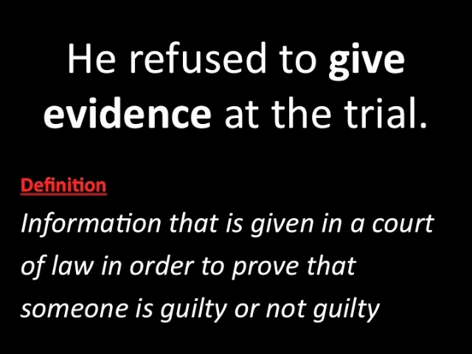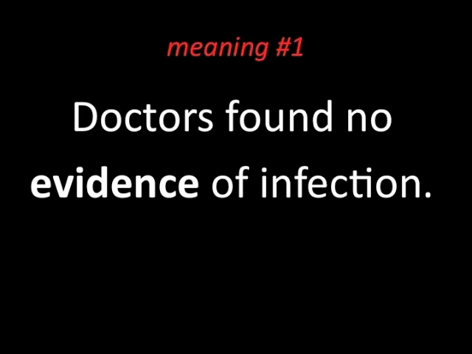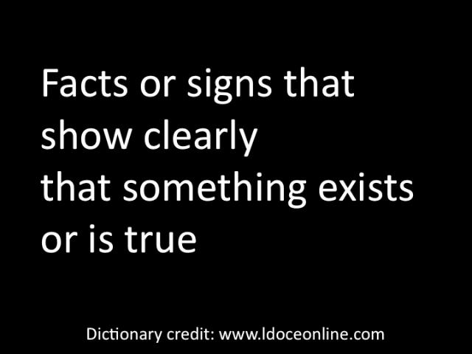So, which meaning are we going to cover? I noticed that in your first sentence, the word evidence is used to mean something academic. We will, of course, cover the academic meaning. So, in academic English, evidence means facts or signs that show clearly that something exists or is true. Great. Let's focus on the academic meaning of evidence.